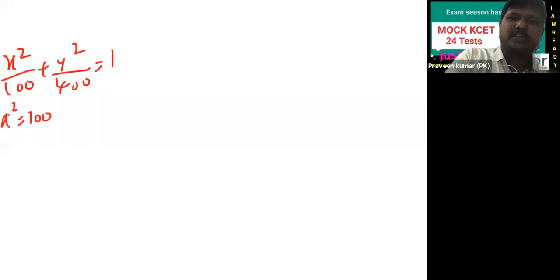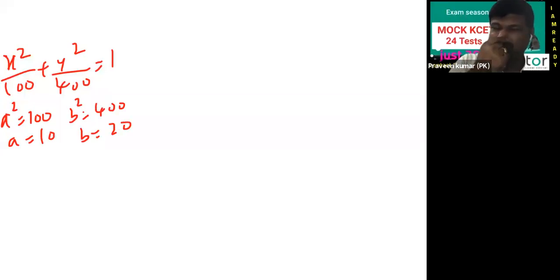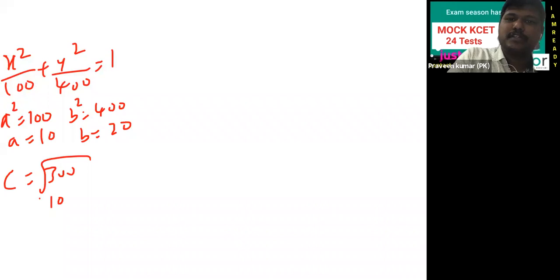A square is 100, A is 10. B is 20. C is 400 minus 100, 300 root, 10 root 3.